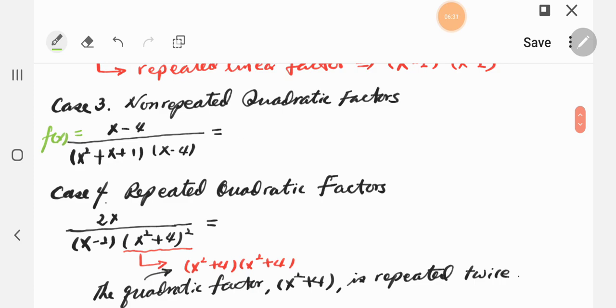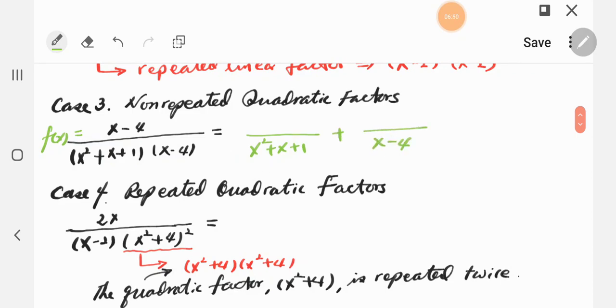So this one has two fractions, and the first one is a quadratic, and this quadratic is not factorable. So we can have two fractions with a quadratic factor and a linear factor.